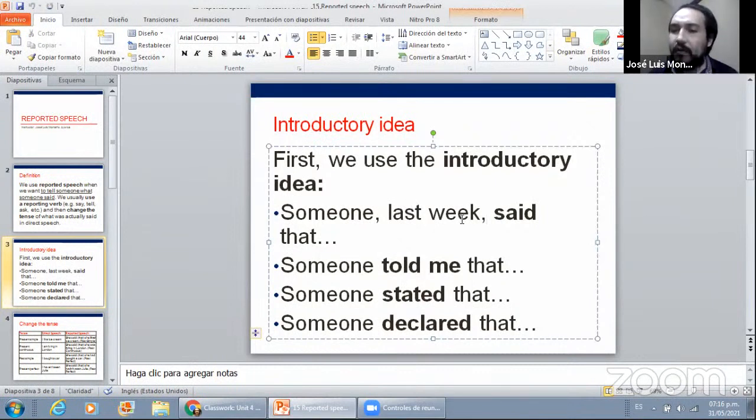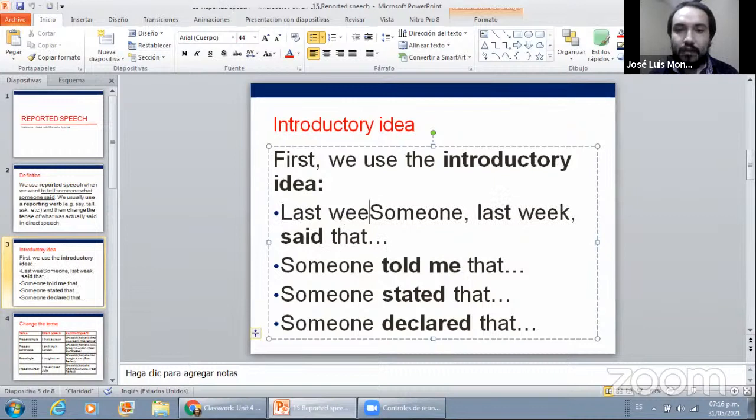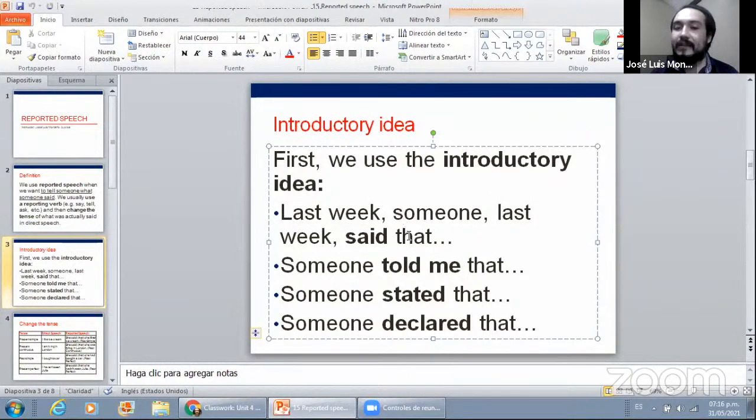It's not very formal because it's not like the real place of that expression, but if you're going to use it in the middle, you need some commas, but it's better if it's at the beginning. So you have those 2 options: last week, comma, someone said that, or someone last week said that, etc.